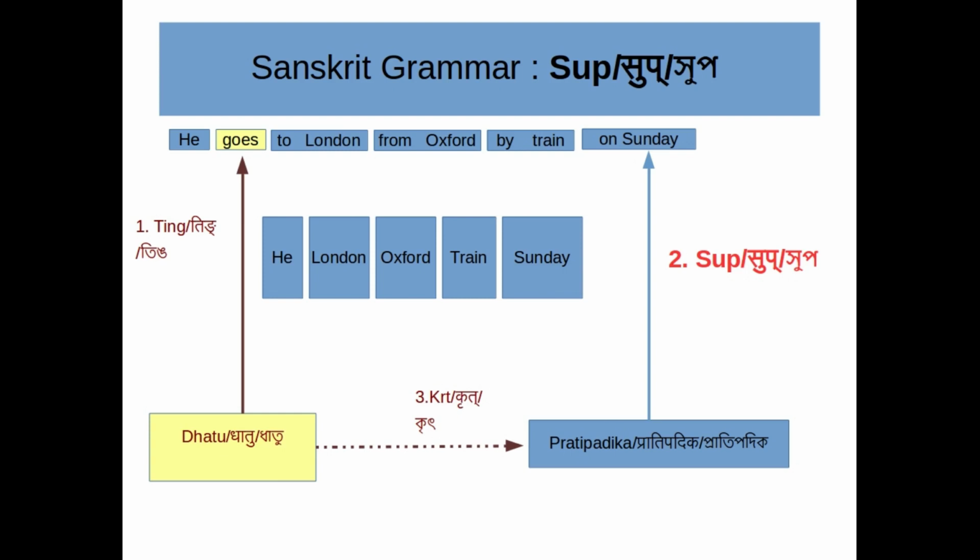He goes, which is third person singular. So we search the dhatu related to go, which is, let's say, gam dhatu, which is parasmaipadi. We see it is in prathama gana, which is first class out of 10 different classes.